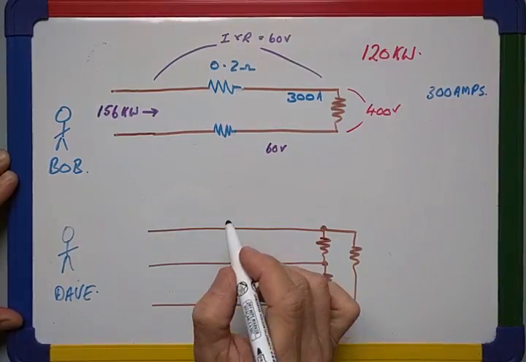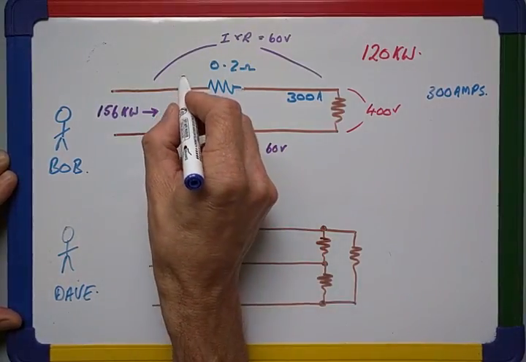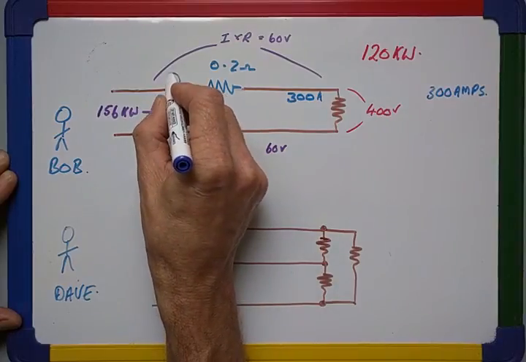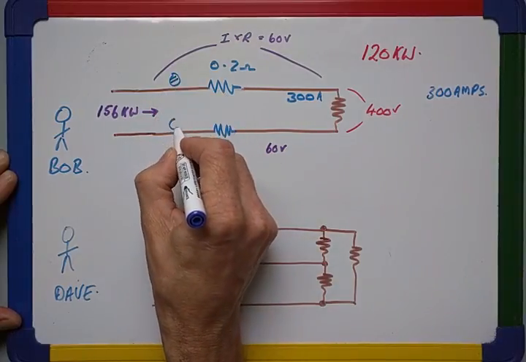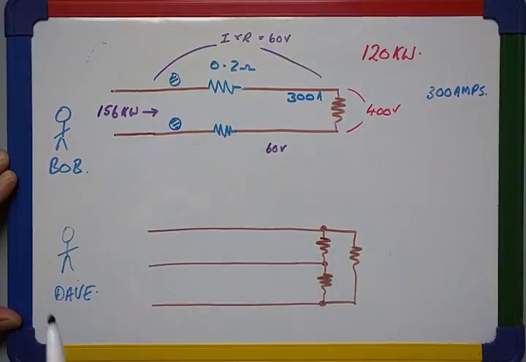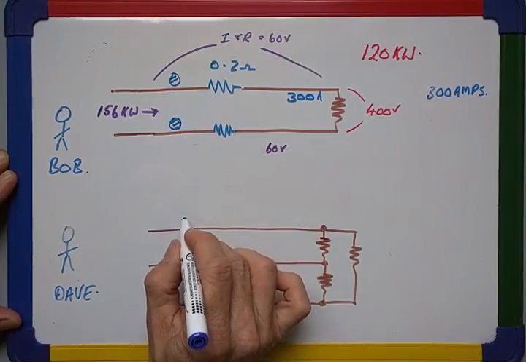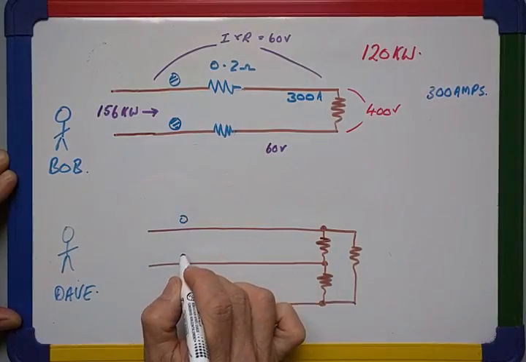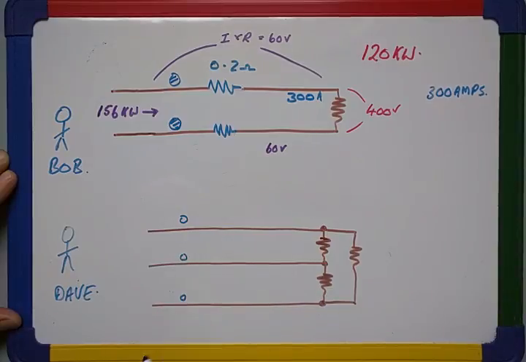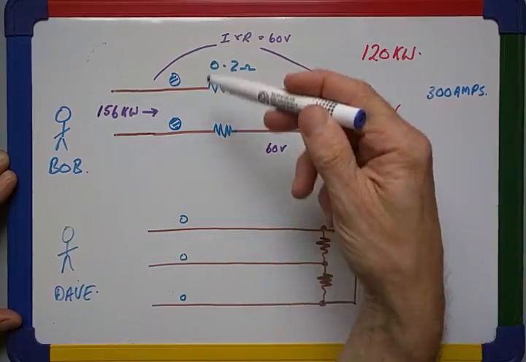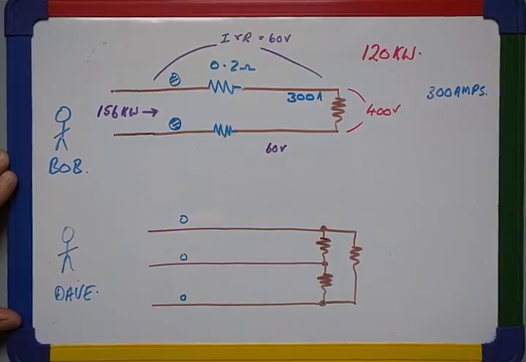Dave's already thought of this, but because Bob is using a cable, let's say, which is this size, which has a resistance of 0.2 ohms, but Dave is using 3 cables that are slightly smaller, such that the total amount of copper in both systems is the same.